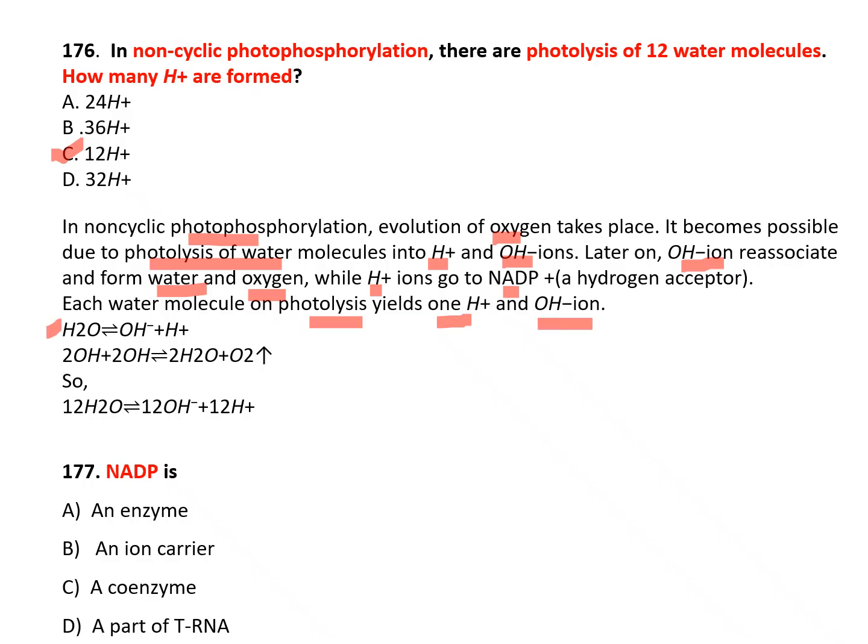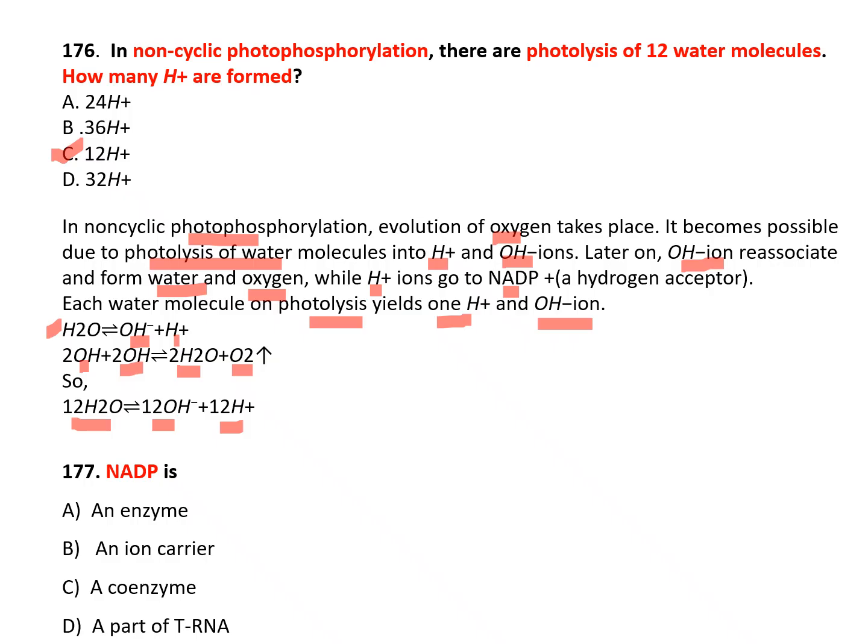When two OH minus ions combine together, they form two water molecules and one complete oxygen. So 12 water molecules when split form 12 OH minus ions and 12 hydrogen ions. Thus the correct answer is option C, 12 hydrogen ions.